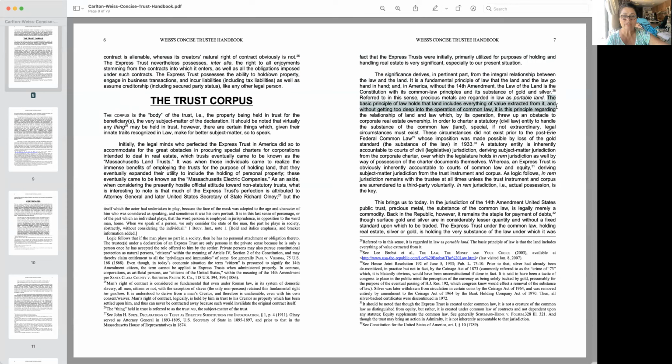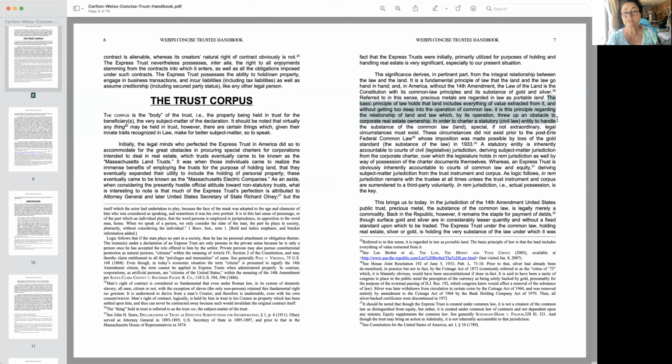And without getting too deep into the operation of common law, it is this principle regarding the relationship of land and law which, by its operation, threw up an obstacle to corporate real estate ownership.